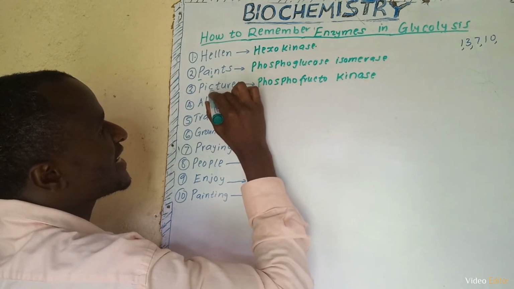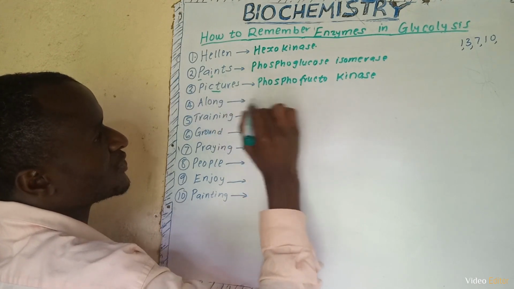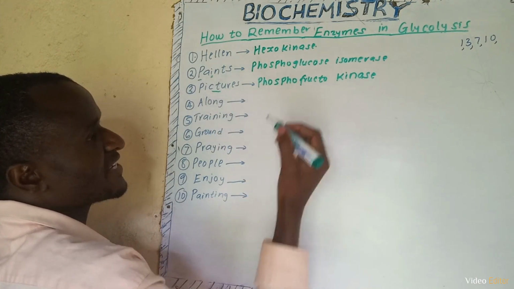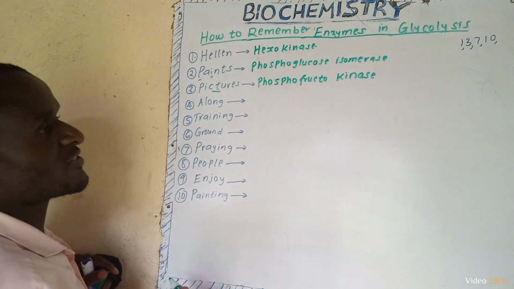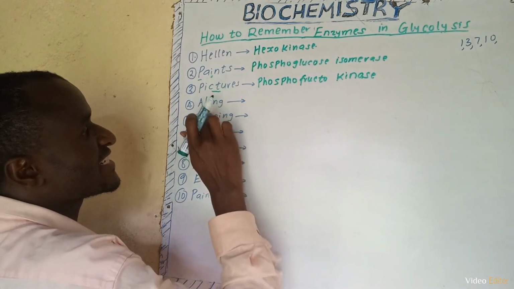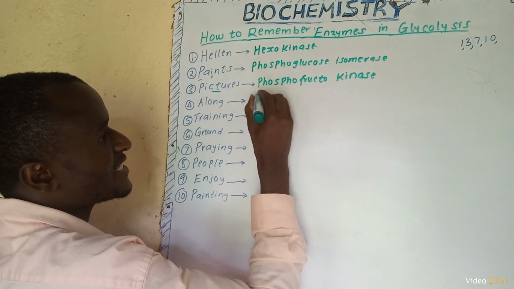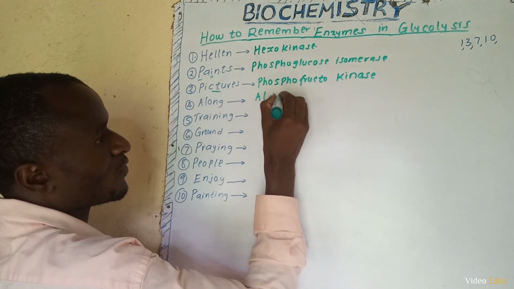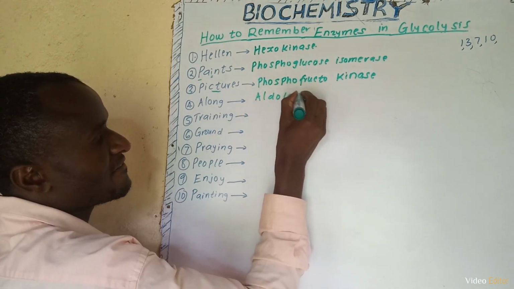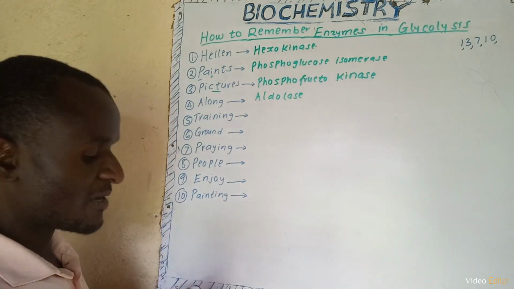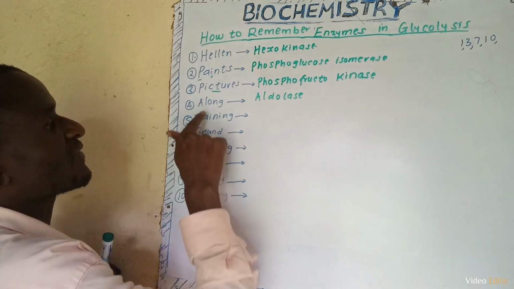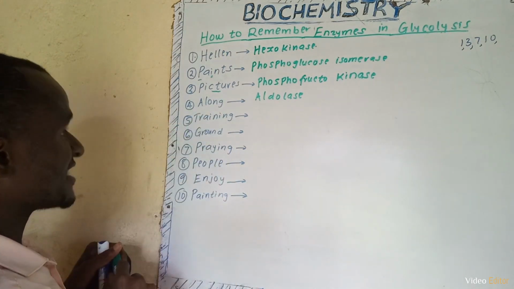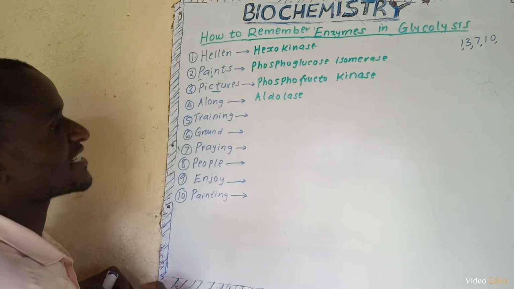Then when you look at pictures, phosphofructo, something like that, it can help you to remember that it's a kinase, it's a phosphofructokinase. Next is along, that is aldolase. In the video of how to remember the processes in glycolysis, I have shown you that aldolase facilitates cleavage.